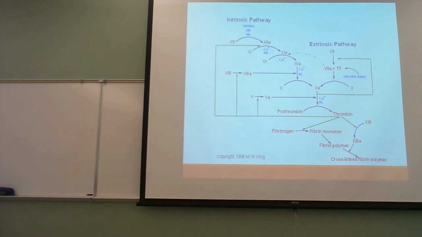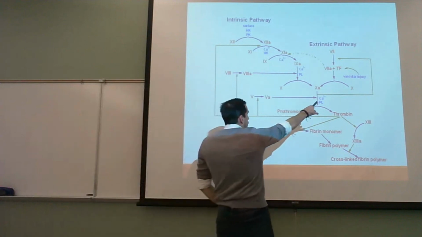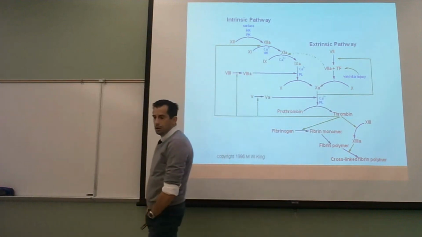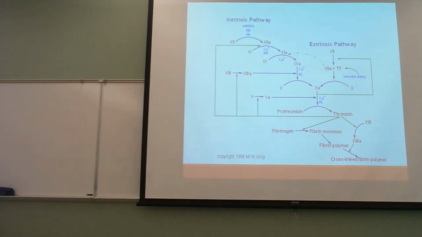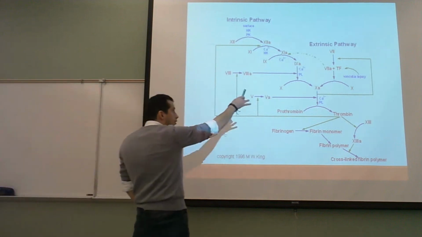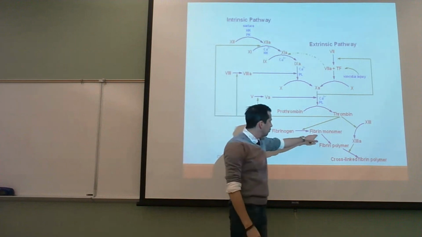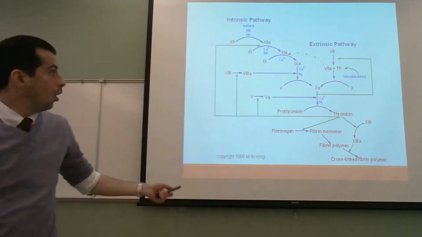But what you will notice also is that we have two pathways. We have an extrinsic, beginning over here, and an intrinsic on the upper left. Now, all roads lead to the same place here. Regardless of where we start this clotting cascade, we still wind up transforming fibrinogen into fibrin to form that insoluble net for blood clotting.